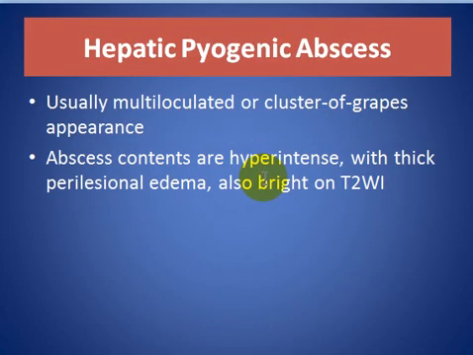Hepatic pyogenic abscess, usually multiloculated or a cluster of grapes appearance. Abscess contents are hyperintense with thick perilesional edema, also bright in T2.